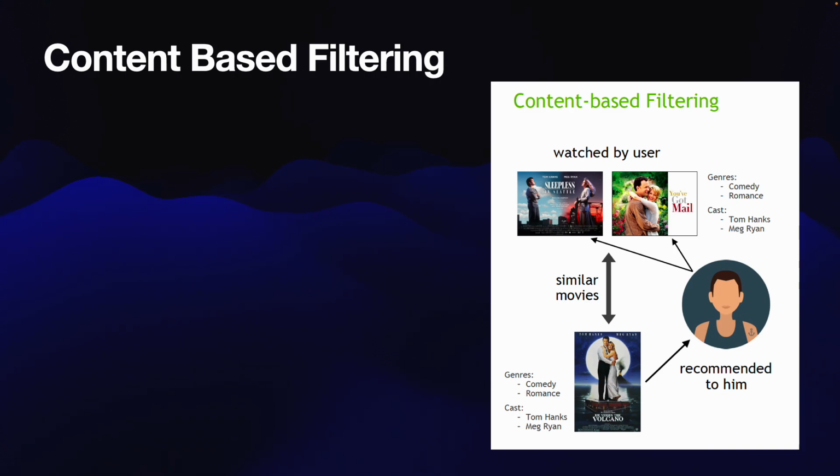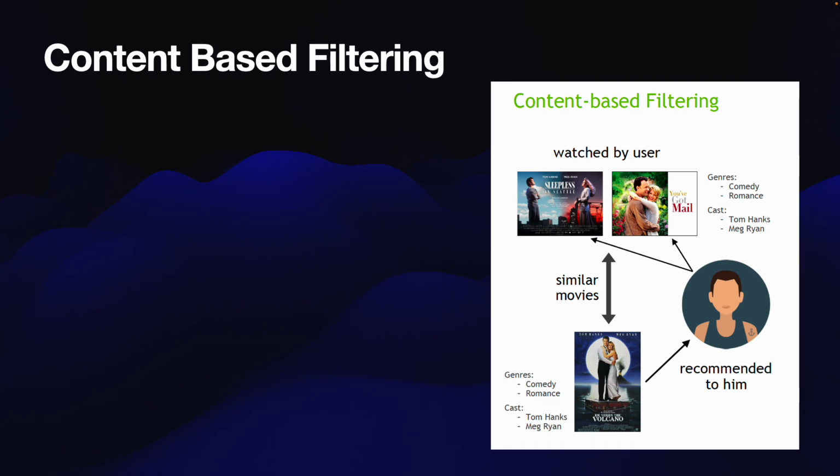Then we know that there is another movie, Volcano, which has exactly the same genres and exactly the same cast. So most likely, these movies are similar, and this user will probably like this movie, and that's why we recommend it to them.